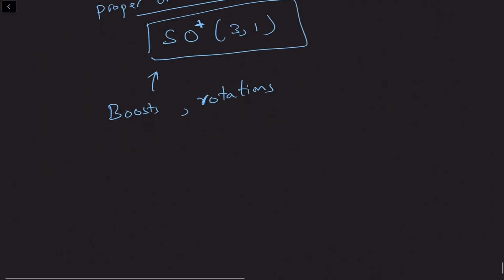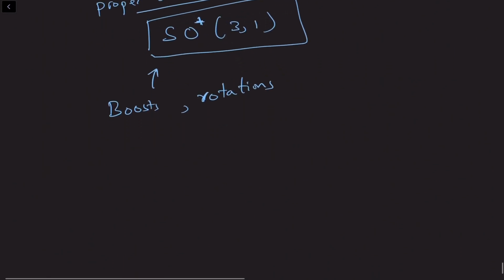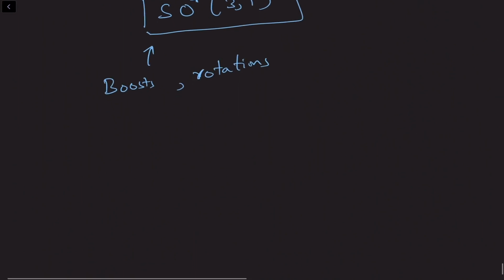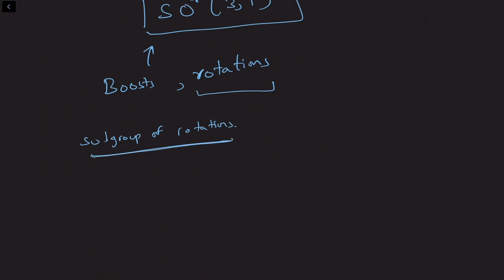Now, something that I'd like to point out here is that if we only take the subgroup of rotations, those transformations essentially look, let's say, like what we'd written down earlier.